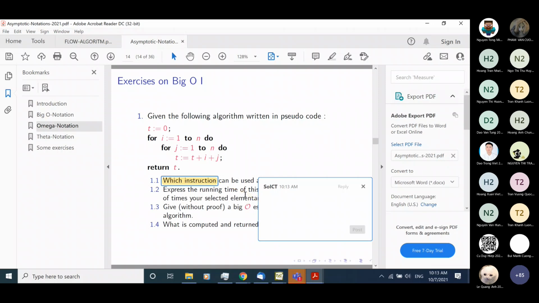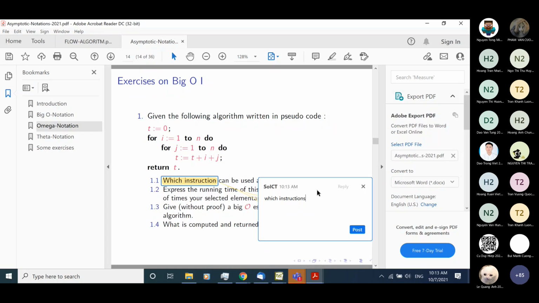So for example, here it says "which instruction." If I want to say, well, this is not correct and I want to replace this with "which instructions," plural, then you can do this with the PDF. So this gives you a chance to contribute to the class notes itself.